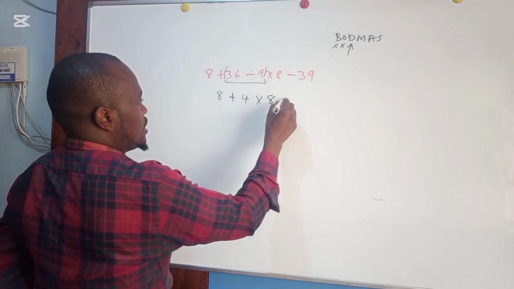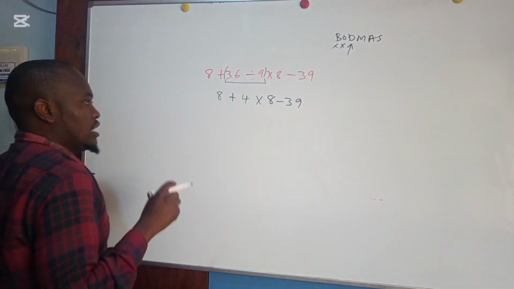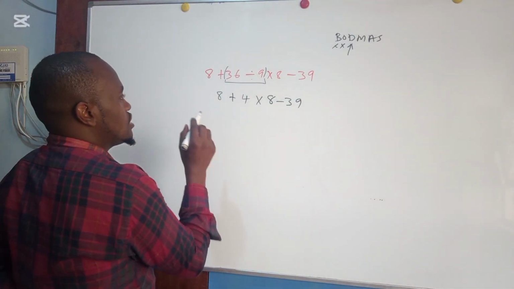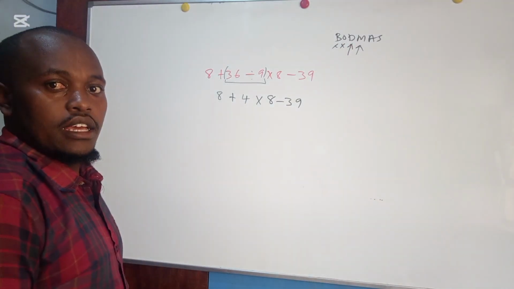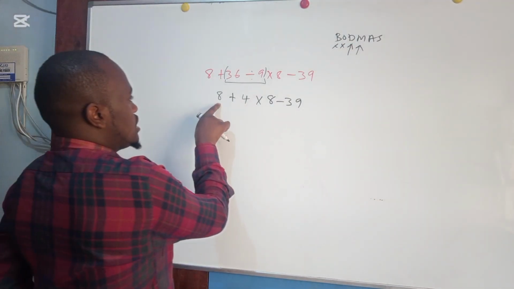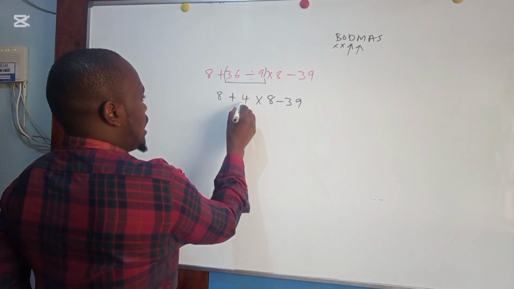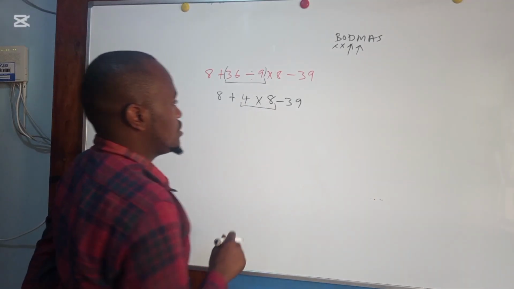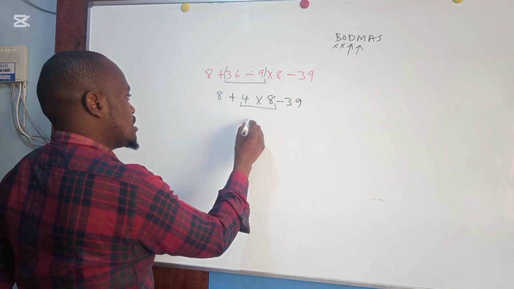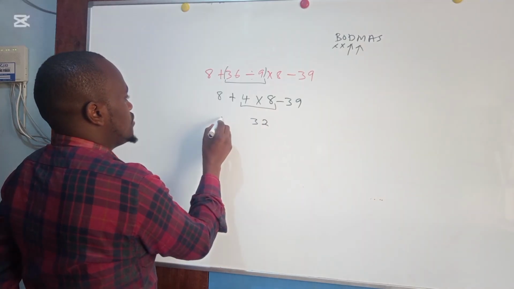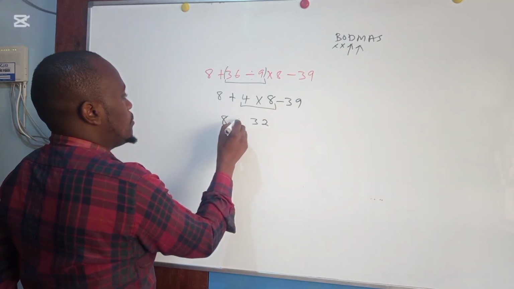Again, at this point, do not say, since the next operation is multiplication, you take 8 times 8. You just underline where that multiplication is and you solve it. 4 times 8 is 32. And you have 8 plus 32 minus 39.